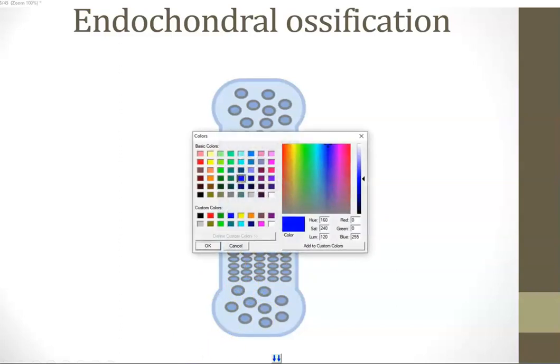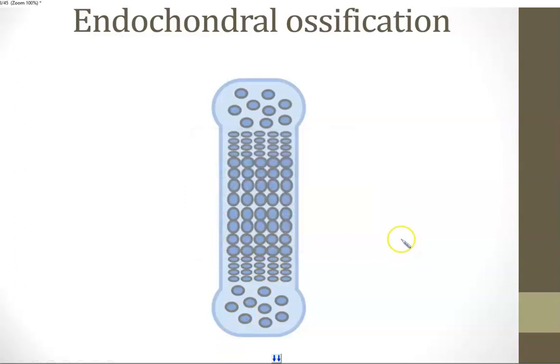I guess I can do brown. I'm going to do brown for bone. Some of these mesenchyme cells that have made these chondrocytes actually start laying down some bone. And so what we're getting here is some bone forming here.